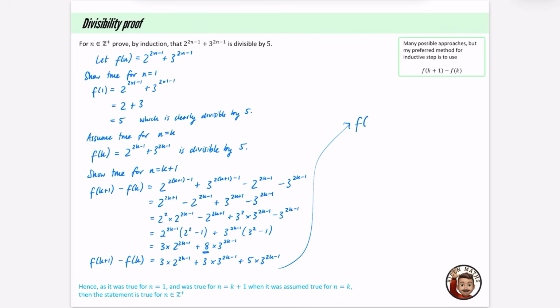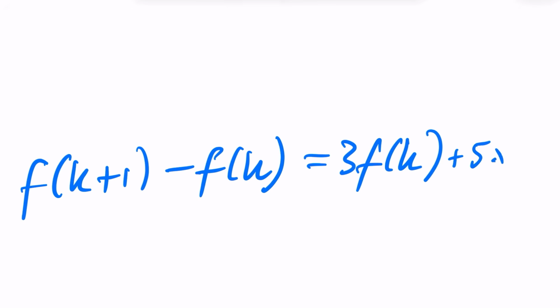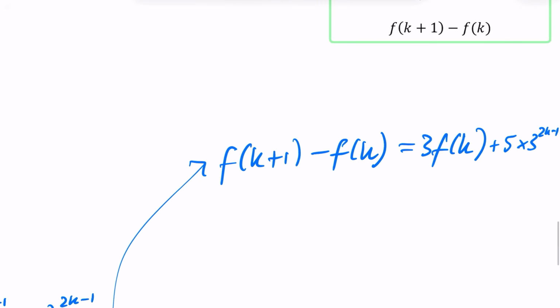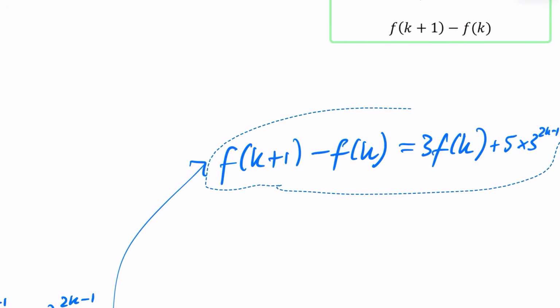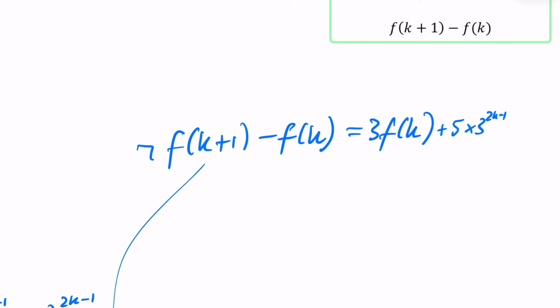So we now have that f of k plus 1 minus f of k is 3 lots of f of k, plus that last term, which is 5 times 3 to the power of 2k minus 1. I'm going to give myself a little bit more space for this question, so let's pull this along a bit here, and I'll sort out that mess in just a second.